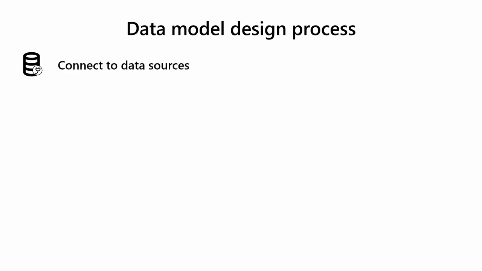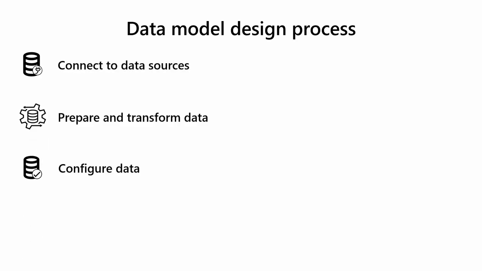In Power BI, the foundation of creating reports and dashboards lies within the data model. It's important to understand how to design a data model that effectively aligns with the visual elements within your reports and dashboards. There are several steps involved in building a data model in Power BI. Connect to your data sources, prepare and transform your data, and configure table and column properties.